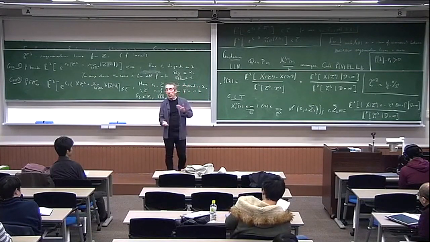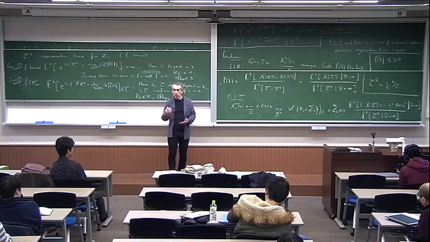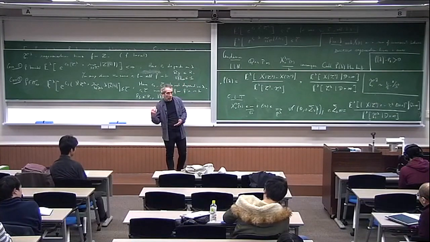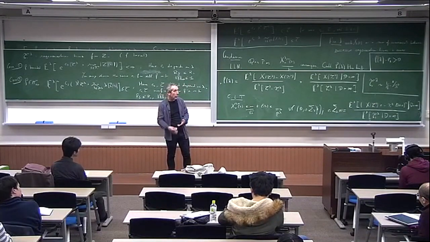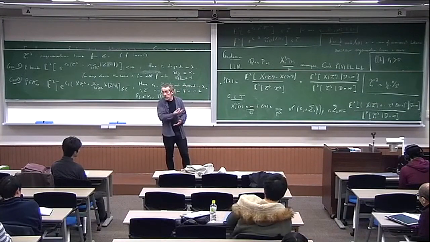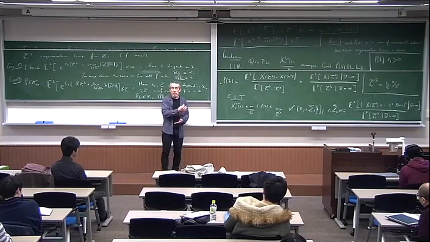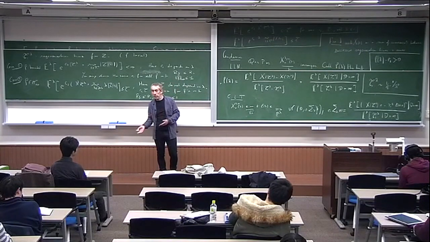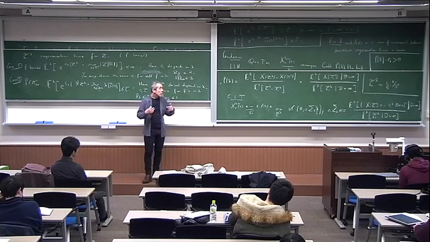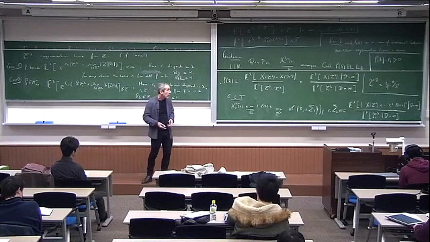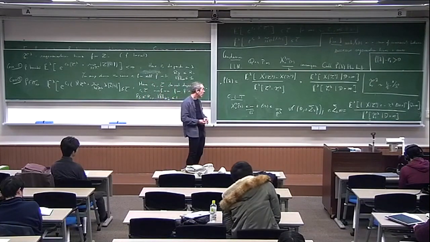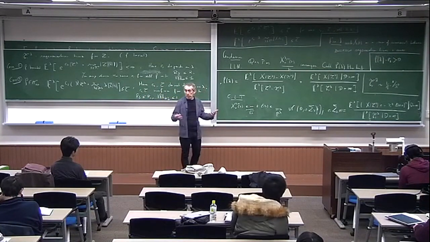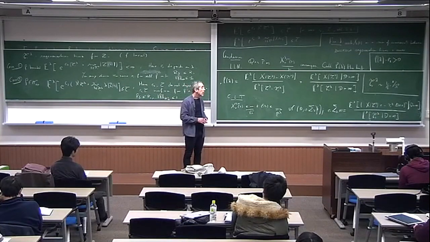So I think you need some a priori bound. If you want to prove the functional CLT or even the CLT, you need some a priori bound on the fact that on a time interval of size 1 over lambda square, the process does not go farther than something of order 1 over lambda.